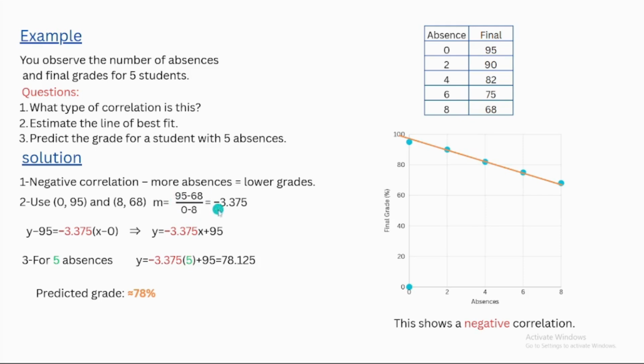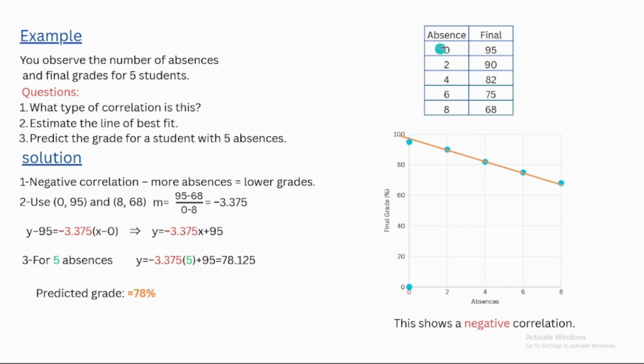So the slope must be negative because the straight line is decreasing. Here is the equation of the straight line. y minus 95 equals the negative slope times x minus 0. We get the equation y equals negative 3.375x plus 95.